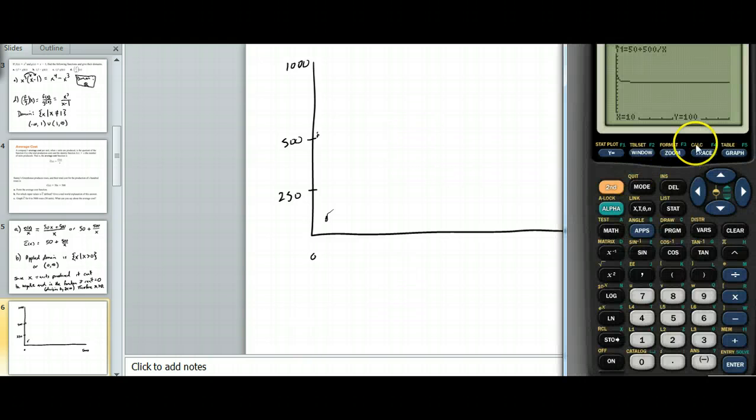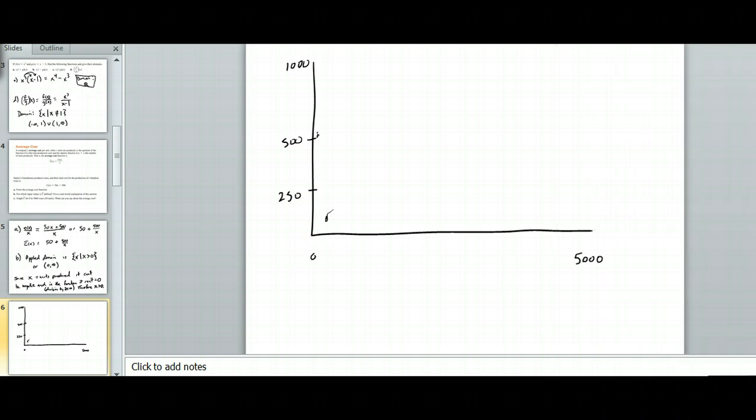If you press the trace button and then start picking big values like 2000, you see the horizontal asymptote here is going to be that 50 line. So if I put in like 3500, see we're still honing in on 50. So let's say that 50 is about right here.